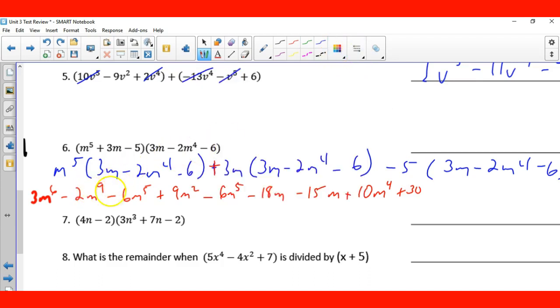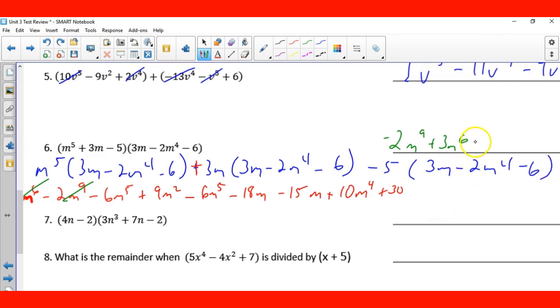So looking at the 9th, that's the first one, negative 2m to the 9th. Then we have 3m to the 6th. Then we have the 5th, negative 6m minus 6m to the 5th is going to be negative 12m to the 5th. Then we have 10m to the 4th.